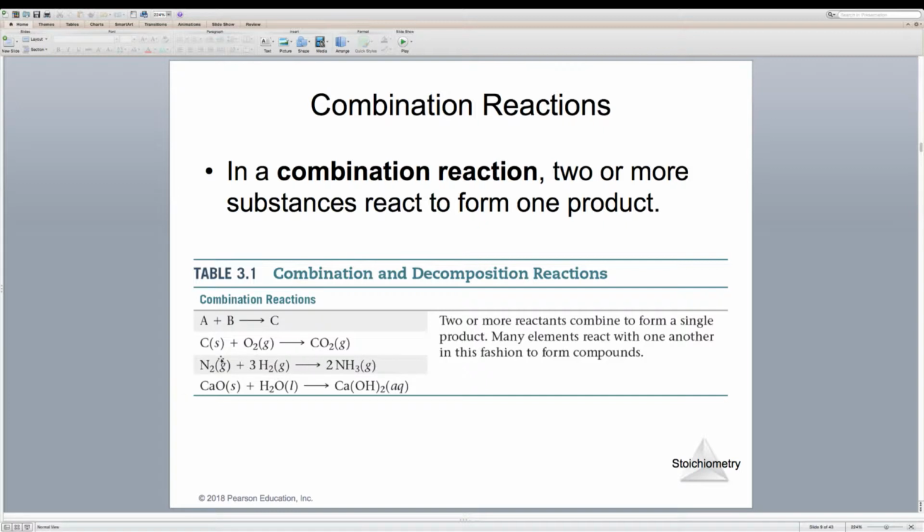Very important industrial process for life on this planet. And then we have calcium oxide and water to form calcium hydroxide aqueous. Notice we have phases on all of these, and also notice that all of these are already balanced. You may get situations where you have to balance, and we're going to see that on the in-class worksheet.